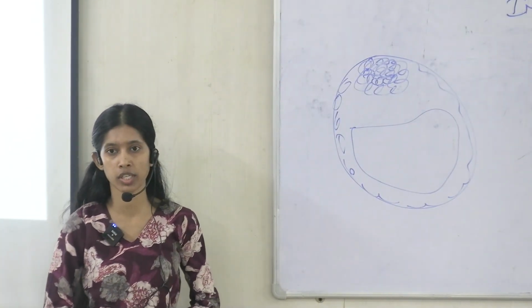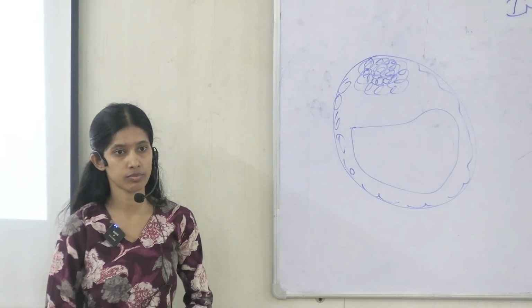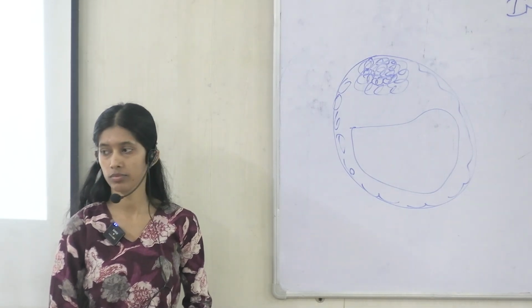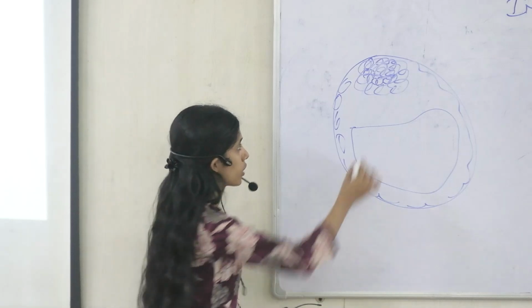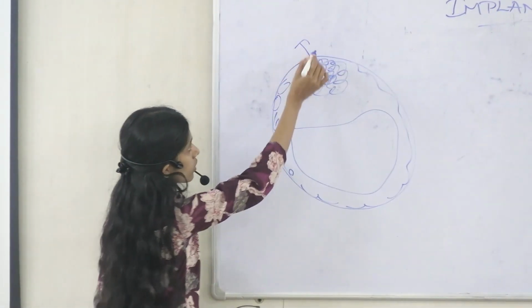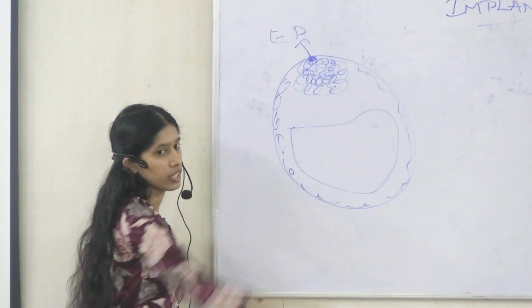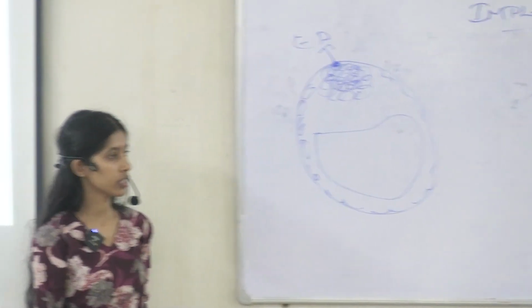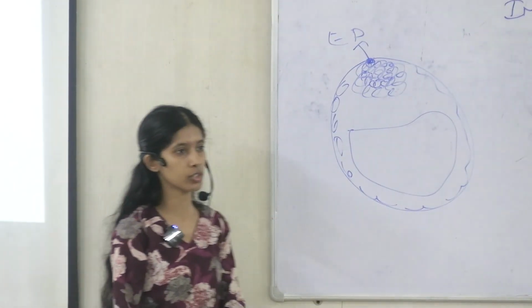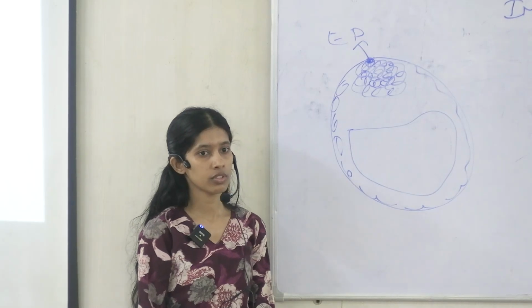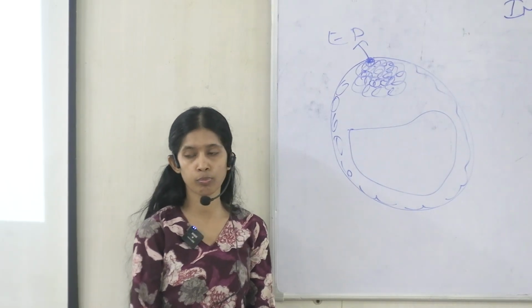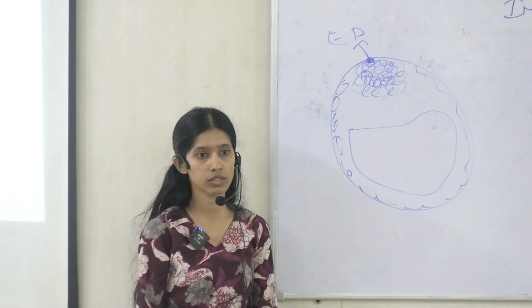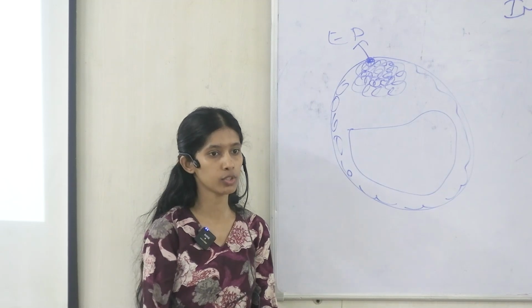Any other structures or namings? What is this pole called? This is called the embryonic pole. What are the divisions in Trophoblast? We have polar Trophoblast and mural Trophoblast.